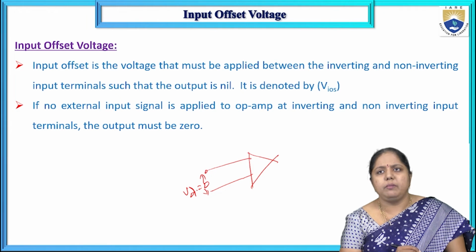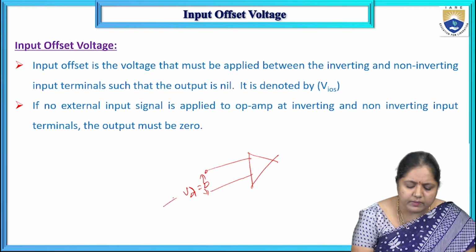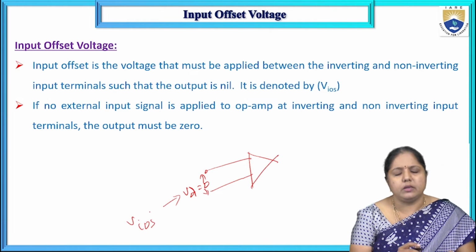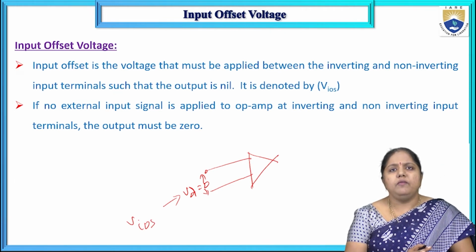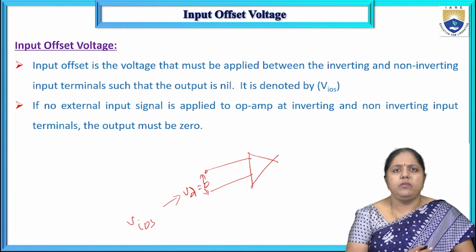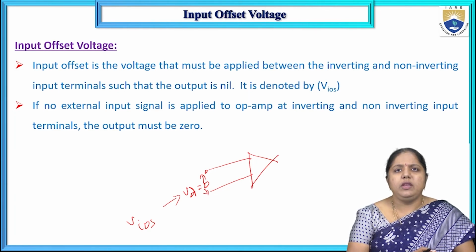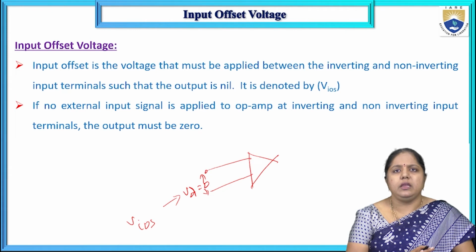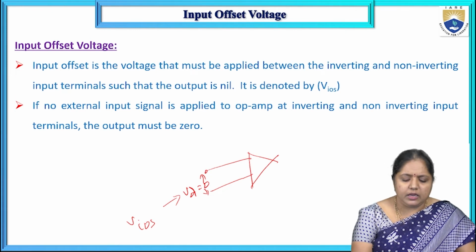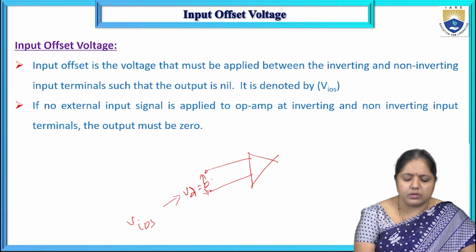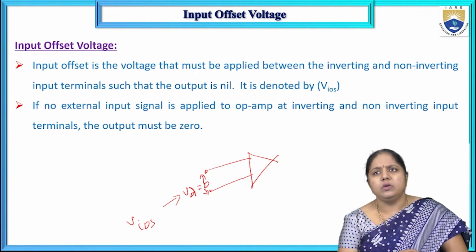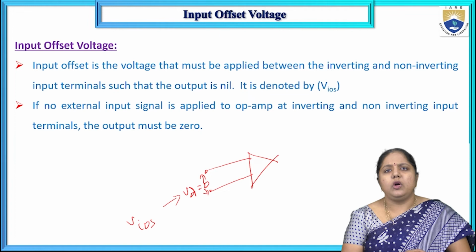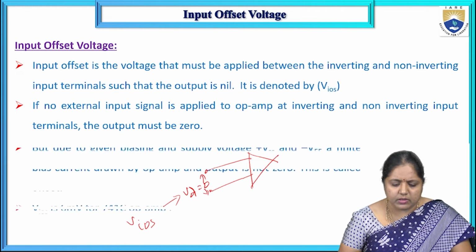But practically speaking, a certain amount of difference in the voltage will be present. This difference in the voltage is represented as VIOS. Even if I am not giving any input signal, because of the difference in the voltage values, I can get a certain amount of output voltage. Let us discuss that output offset voltage.